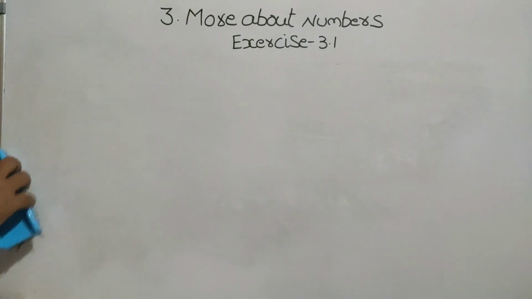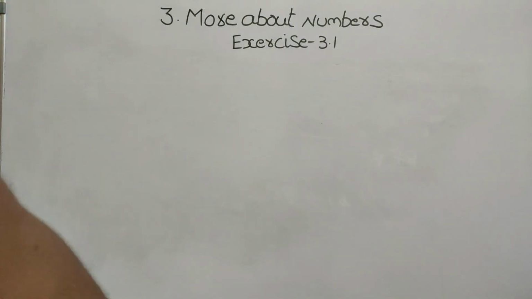Moving on to the next and the last question of this exercise. Exercise 3.1, More about numbers. For a prime number greater than 10, which are the possible digits in the ones place?